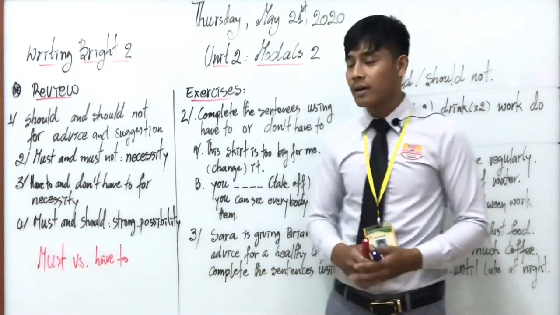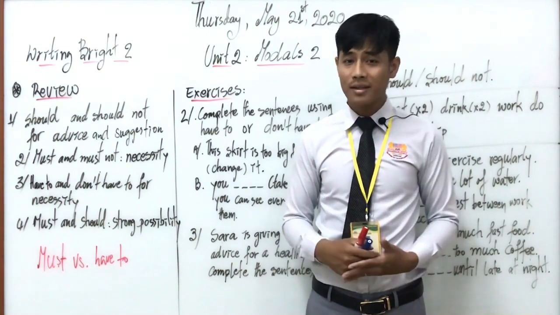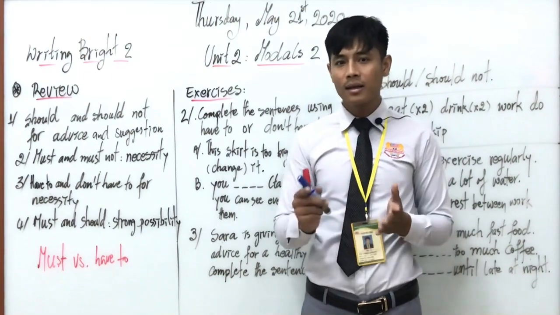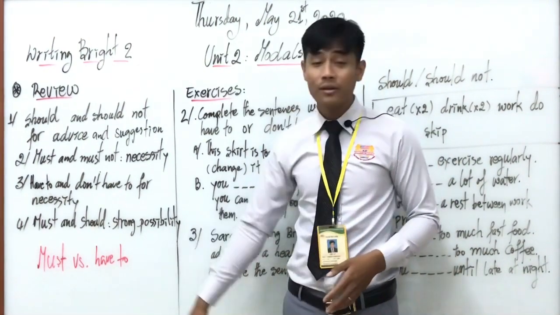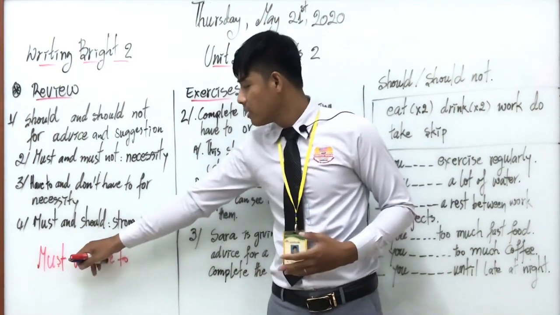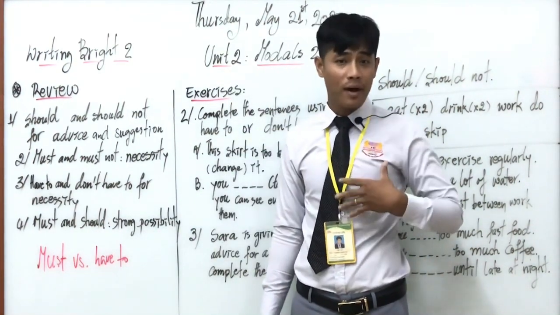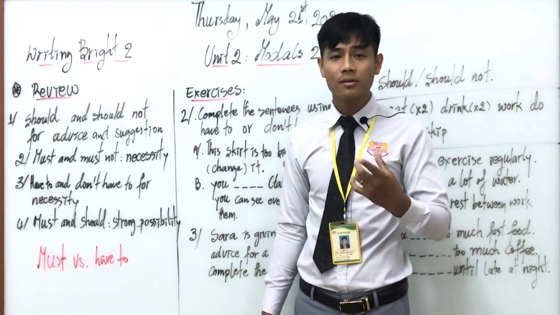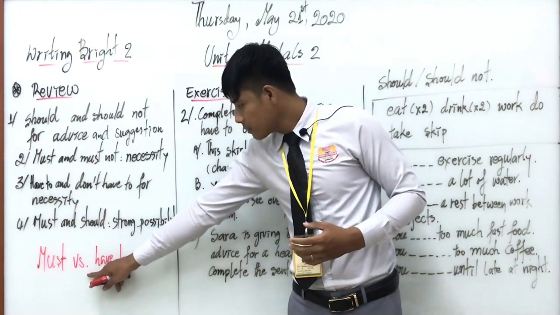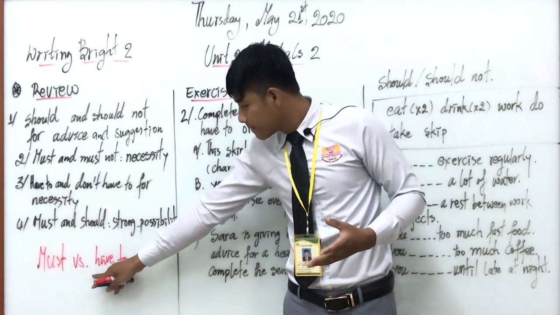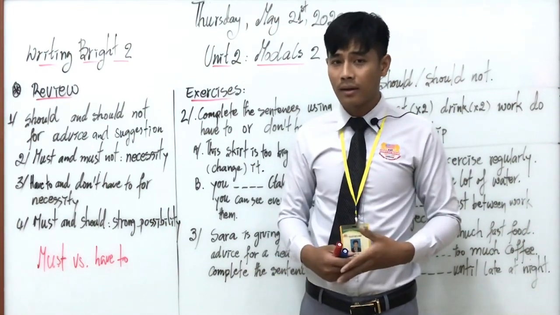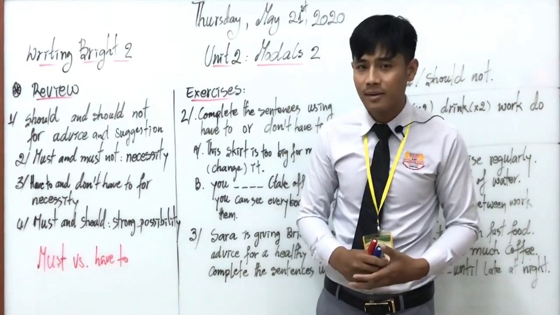For example, the teacher says that you must do the exercise on page 20. So you yourself say that I have to do the exercise on page 20. So who uses must? Teacher uses must. Must means to order, to tell you that you have to do something. And have to, you tell yourself to do something. Okay, you got it?